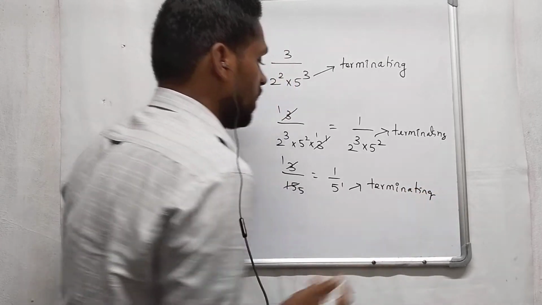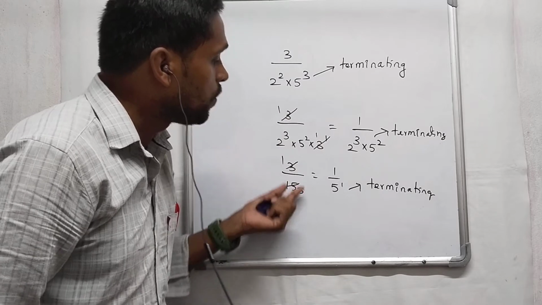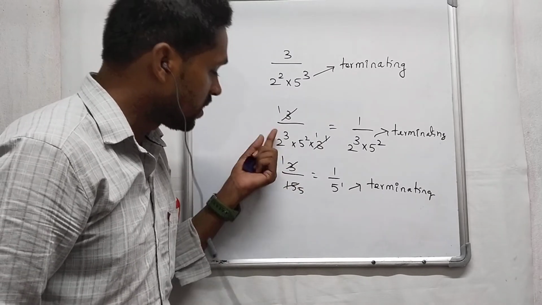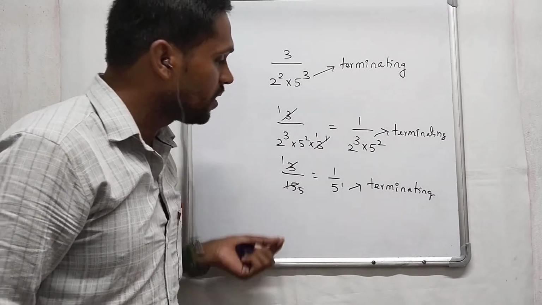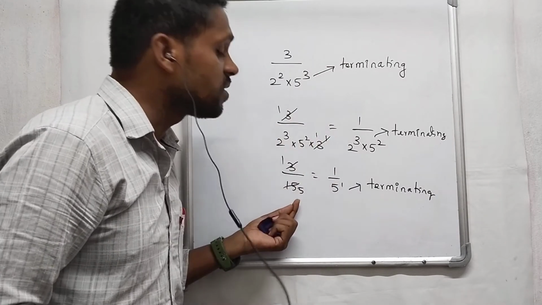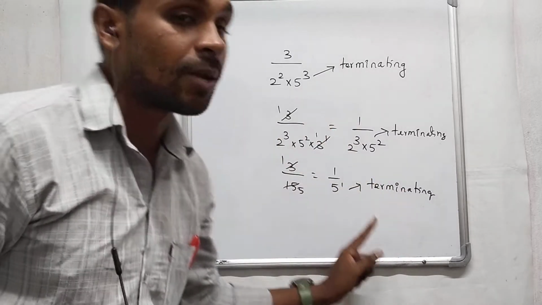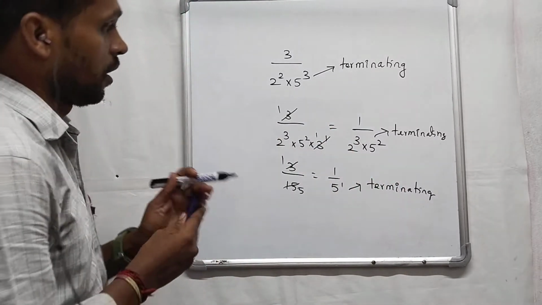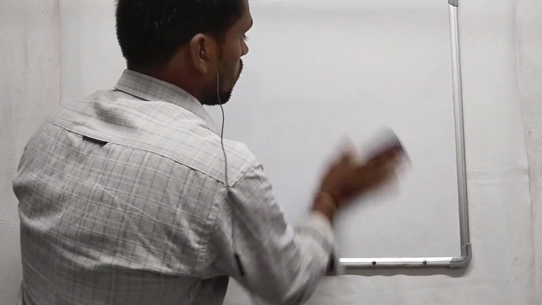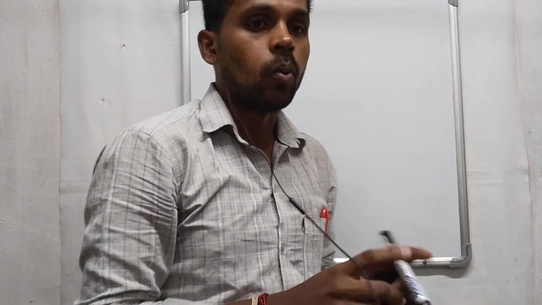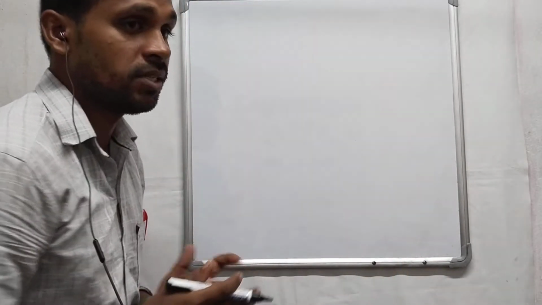So first we need to check whether the p by q form has any simplification. If there is simplification, after simplification we find out whether it is terminating or non-terminating. Two types of things we are discussing: one gives remainder 0 and the other does not give remainder 0.